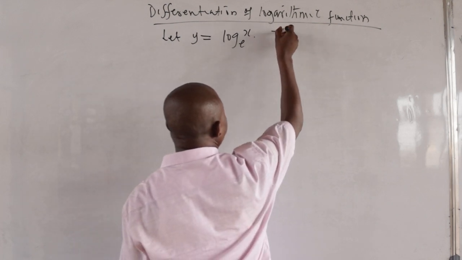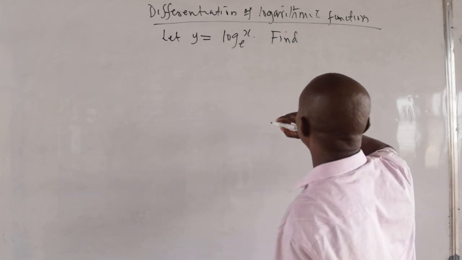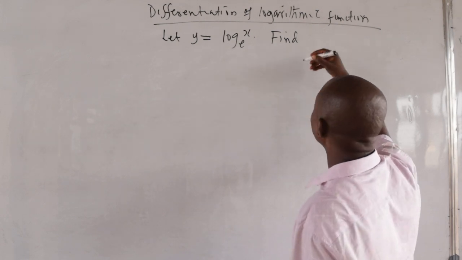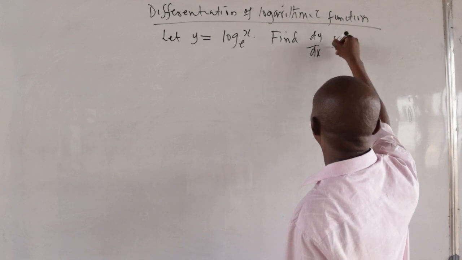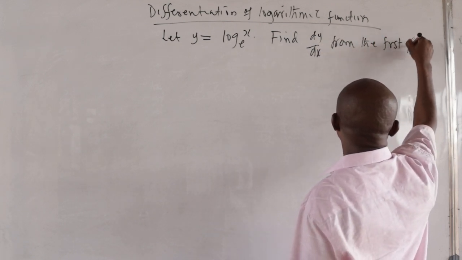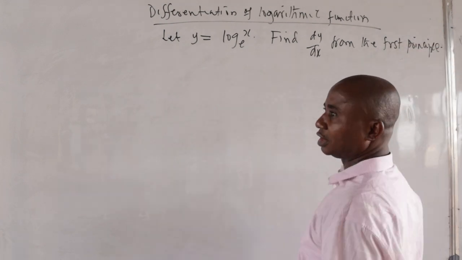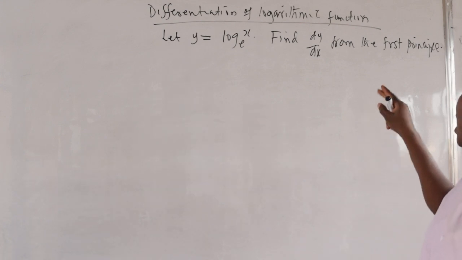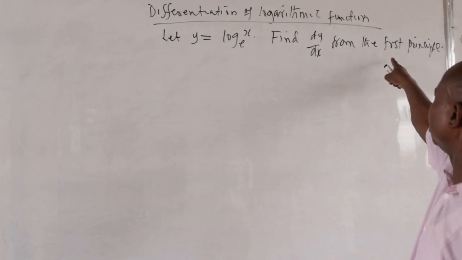The problem is: find dy by dx from the first principle. That means apply naturally the definition of derivative and get what dy by dx is. So that's what we mean by first principle.